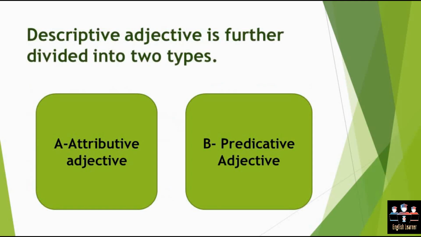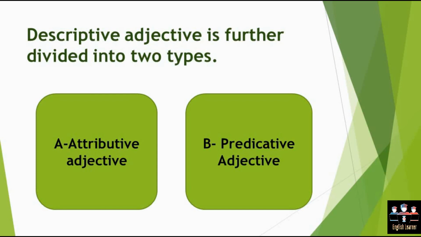Next, descriptive adjective is further divided into 2 types. Number 1 is attributive adjective and number 2 is predicative adjective. Before moving towards their detail, let me just tell you the simple trick to recognize the attributive adjective and predicative adjective in a sentence.